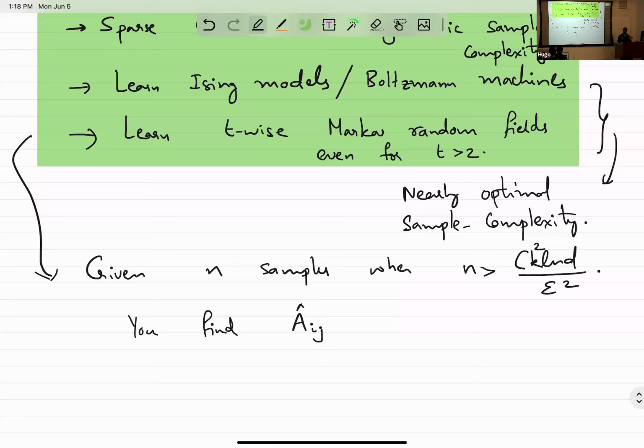There was an underlying graph of weights that you're trying to learn, but you find some new weights such that the difference is bounded. Okay, so now, if the true weight is big enough, then you'll notice whether it is 0 or not. But if the true weight is also very small, your weight will also be small. Okay. So it's just that it's less than or equal to, you're kind of getting a pointwise approximation.